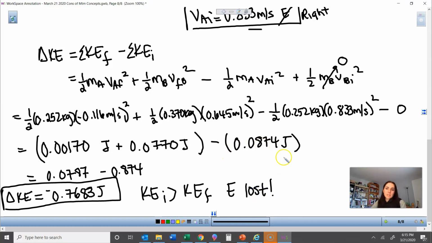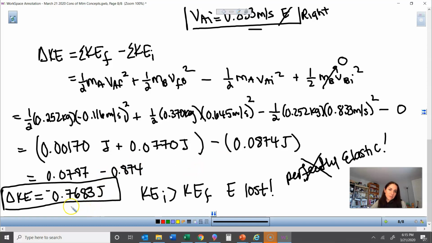So even though this is an elastic collision, it's not a perfectly elastic collision. That's what it means to be perfectly elastic, and the fact that this wasn't really zero.